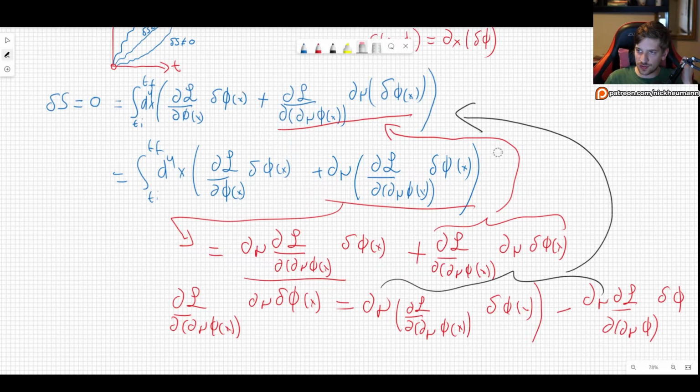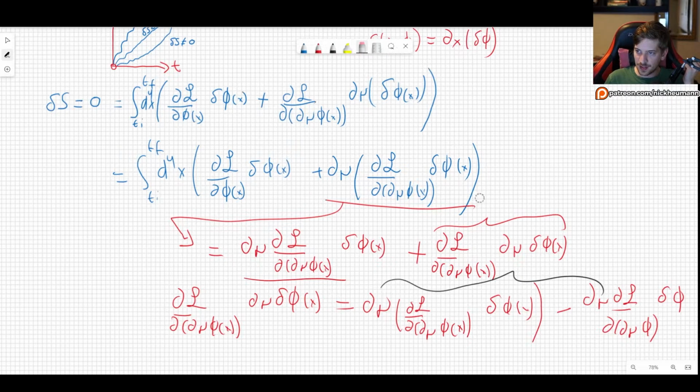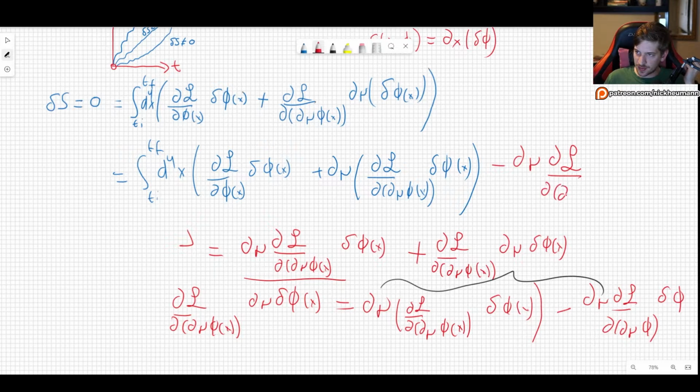Of course we already did that here with the first one, so we just need to add the second part. So let's clear some things. So now we write minus d mu of the derivative of the Lagrangian with respect to d mu phi, and there. All right, so all we did there was just plug it in.